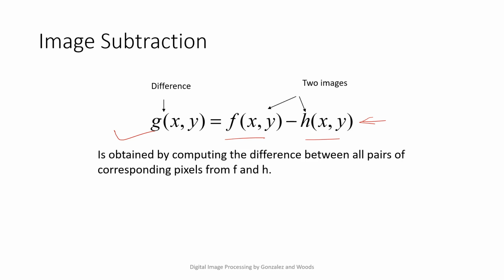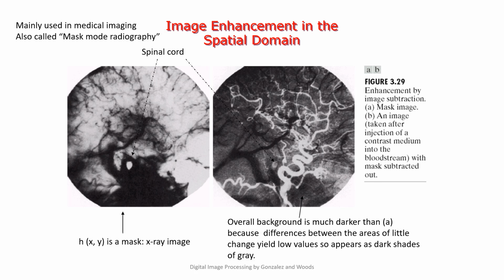So where will you use this? Generally this is used in medical imaging. This is also known as mask mode radiography. Here you can see this is an image. This is called a mask image. And this image is taken after injection of a contrast medium into the blood stream.